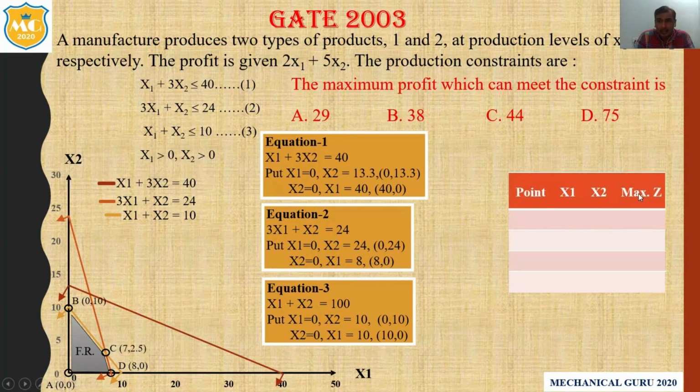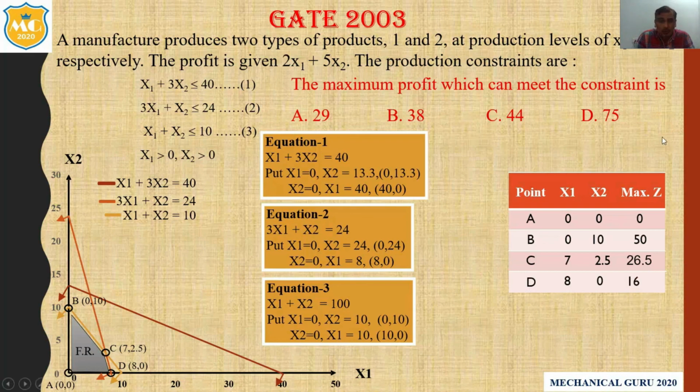So for each point x1, x2, we find Z. Point A, Z is 0. Point B, maximum Z is equal to 50. Point C, 7 and 2.5, 26.5. Point D, x1 8, x2 0, so 16.